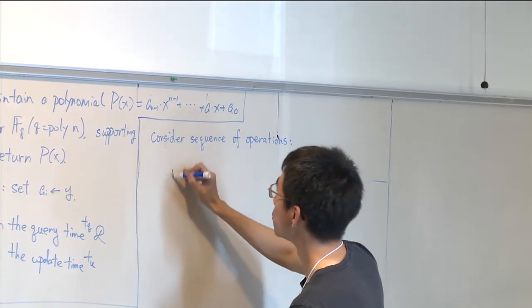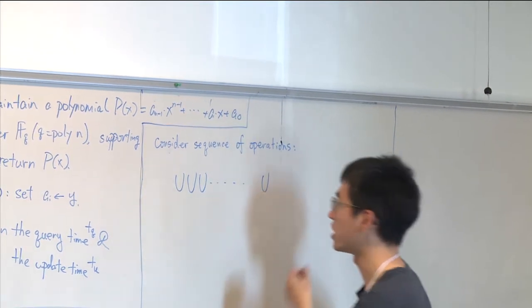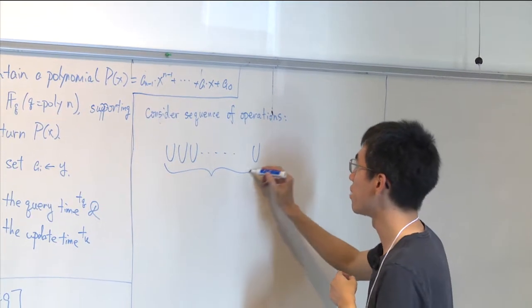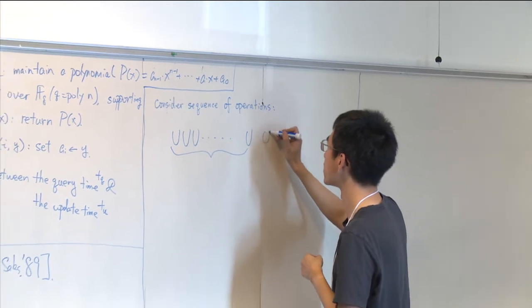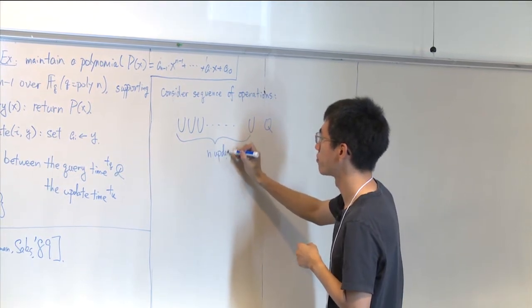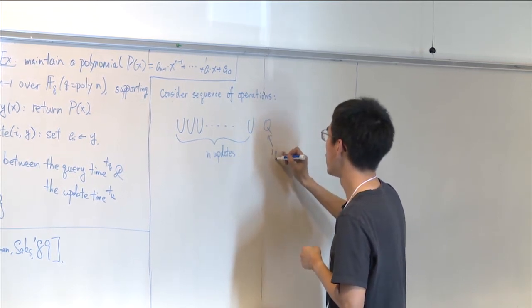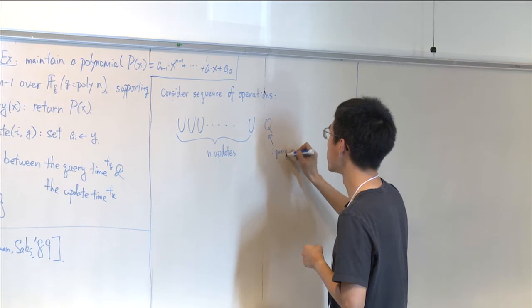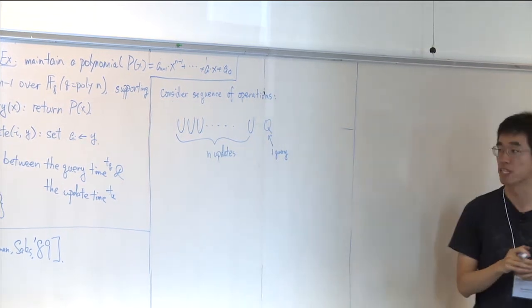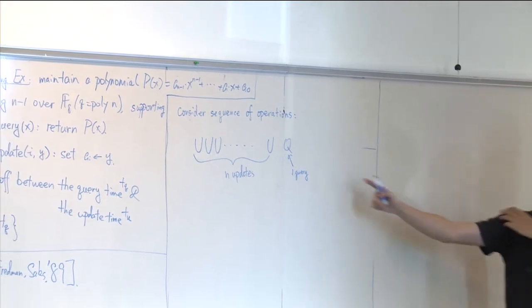We'll first do a bunch of updates, in total n of them, and then we will do one query at the end. The goal here is to analyze, if my update time is bounded by t_u, then how much time I need to answer this final last query.